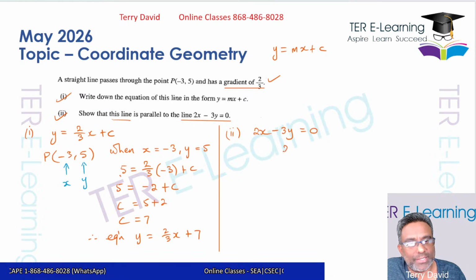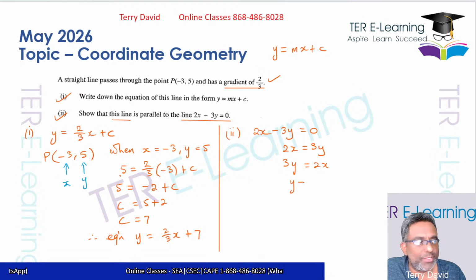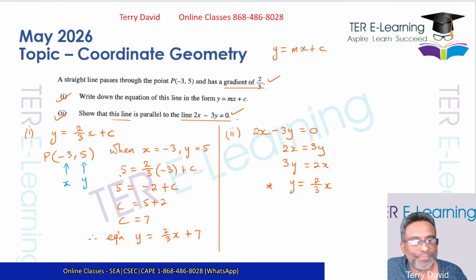So we can say that 2x is equal to 3y. Or we can say that 3y is equal to 2x. So therefore, y is equal to 2 over 3x. So this here represents the equation of this line. Based on this equation here, this 2/3 here is your gradient.